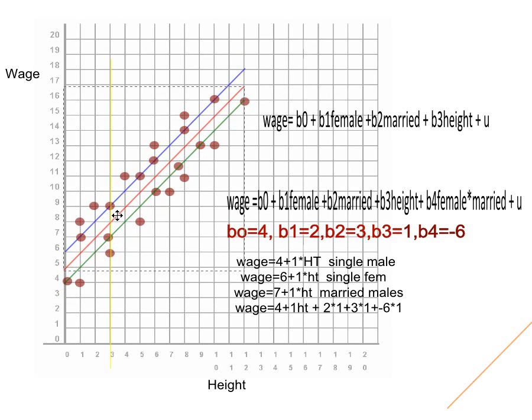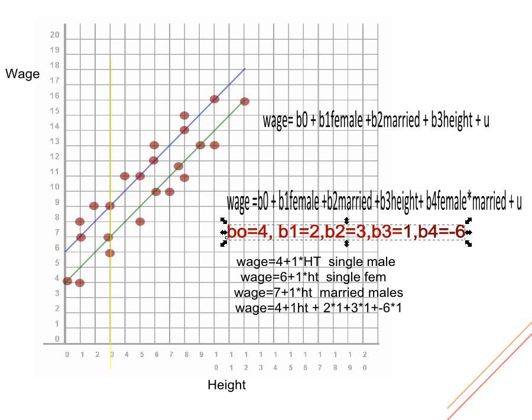Instead, you would get this mushy in between relationship that doesn't belong to anyone. And so what would happen is the coefficient for married would be biased downward, and you wouldn't be able to capture what's going on with these married females at all. So the danger of leaving out the interaction in this case is just like leaving out any important variable, you're going to have omitted variable bias creep into your regression.